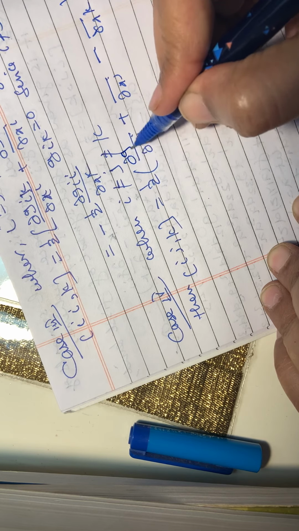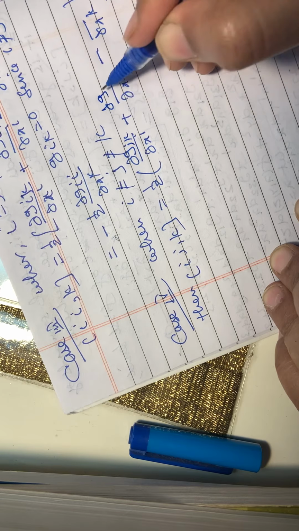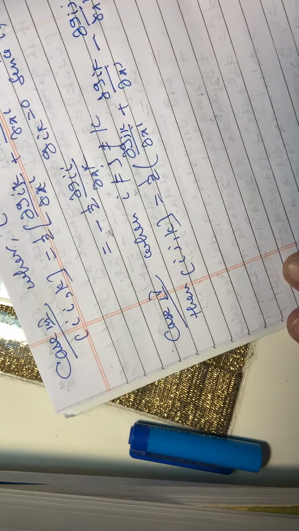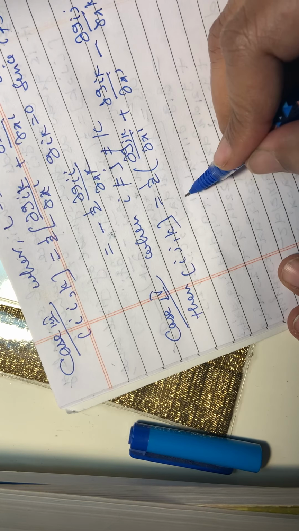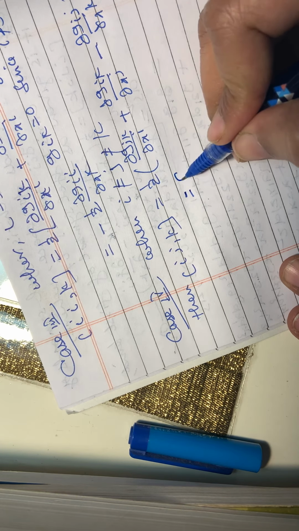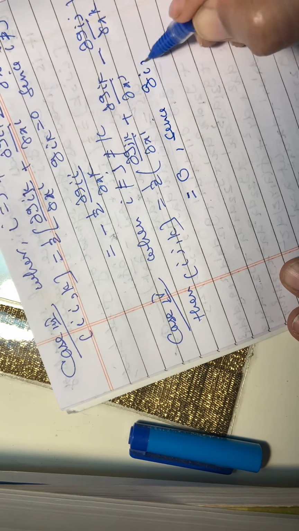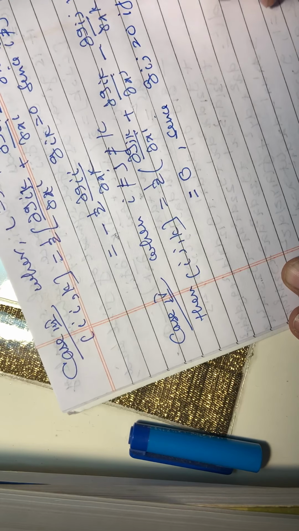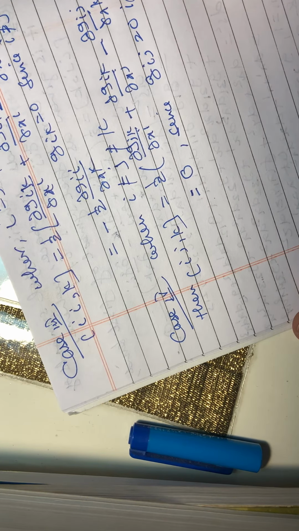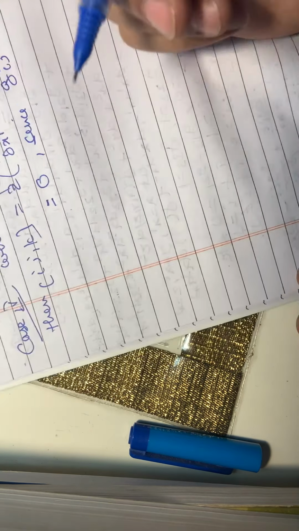I have done nothing here. If I is here, then I will write jk. If j is here, I will write I and k. If k is here, I will write I and j. What will be its value? Its value will be 0 since Gij is 0 if I is not equal to j. Here all these three indices are not equal to each other, therefore we can say that this one is equal to 0.